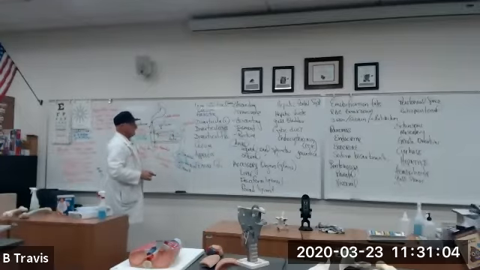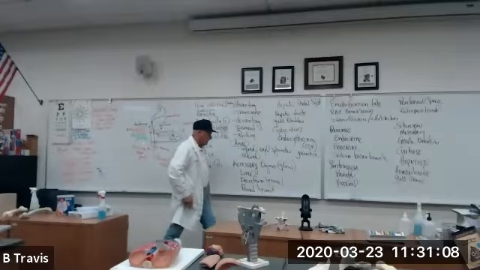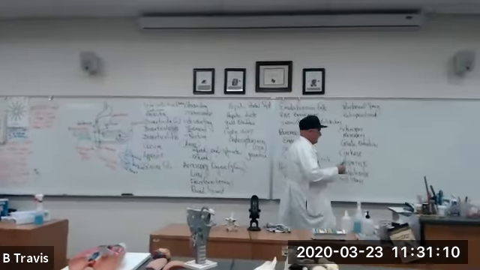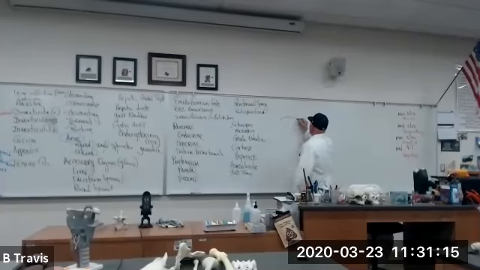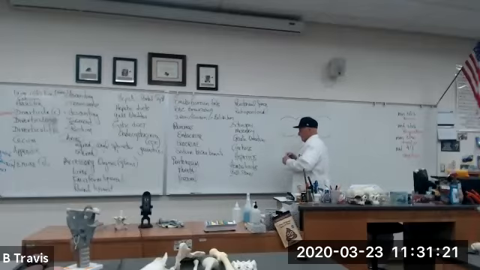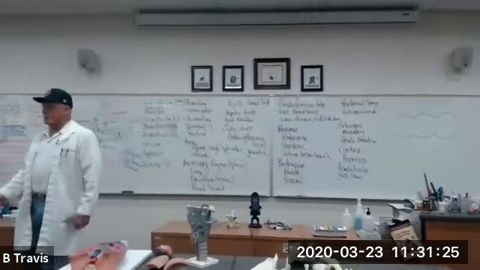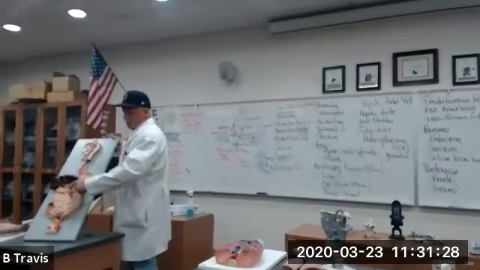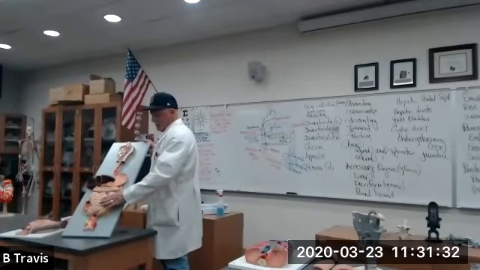Okay? Now, I'm going to take you down here. We're going to draw some other stuff. Remember when I was talking about segmentation and peristalsis in the small intestine? In the large intestine, it's more dramatic. You're going to find out these are called haustra. They're more dramatic than they are in the small intestine.